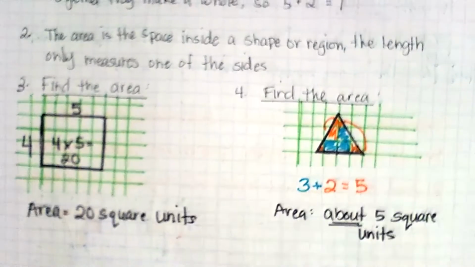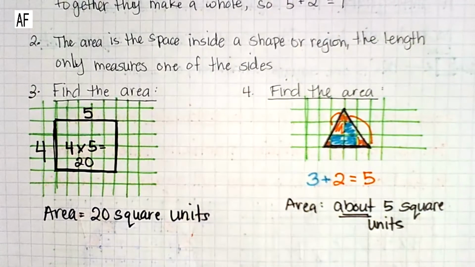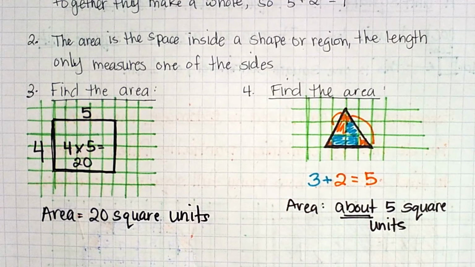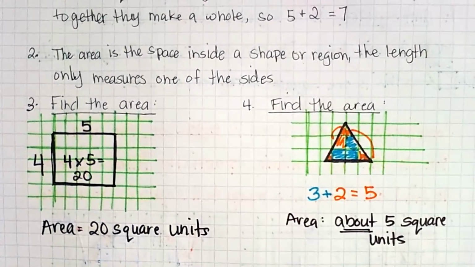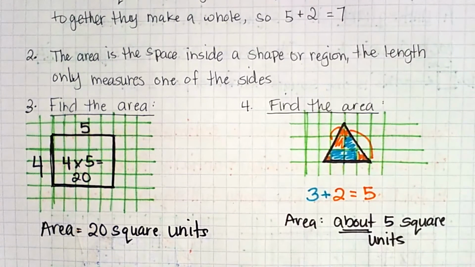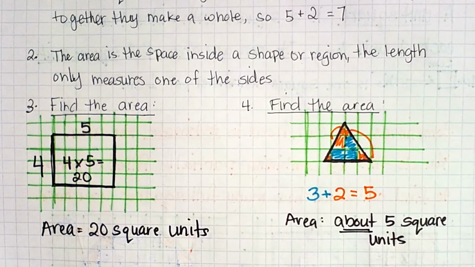So these are different strategies that you can use to find area for different shapes and how to measure using different units. Now, one of the things that you need to remember is your unit square. If you're using a large unit square, you're going to need less of them to cover an area. If you're using a small unit square, you're going to need more of them to cover an area.